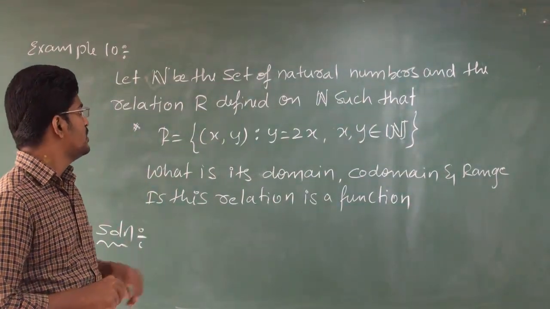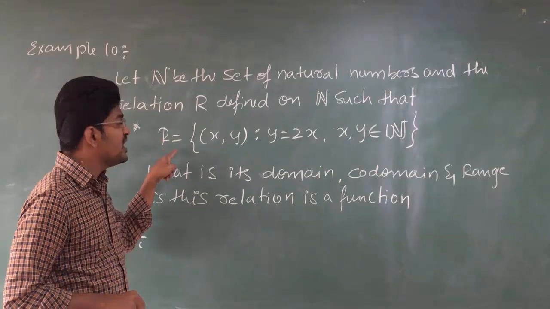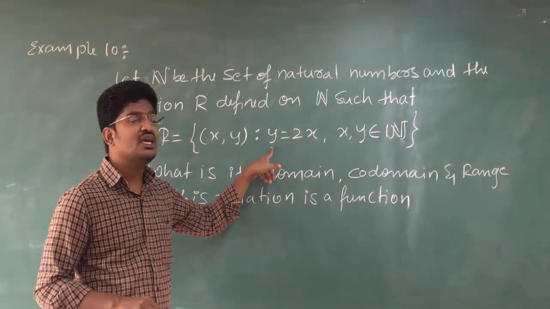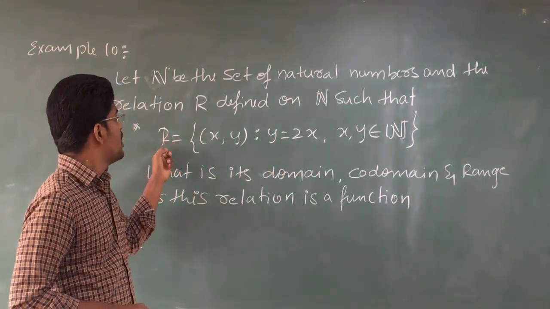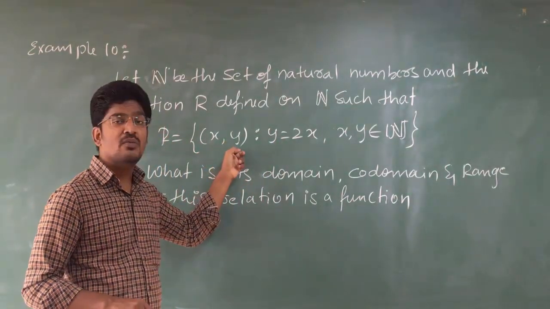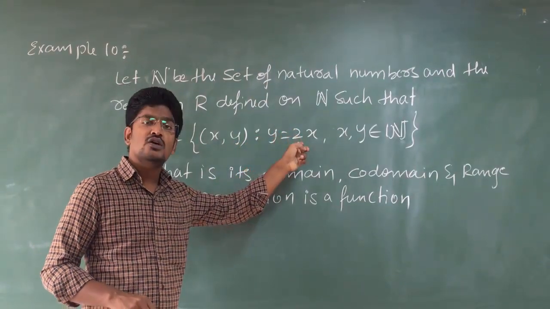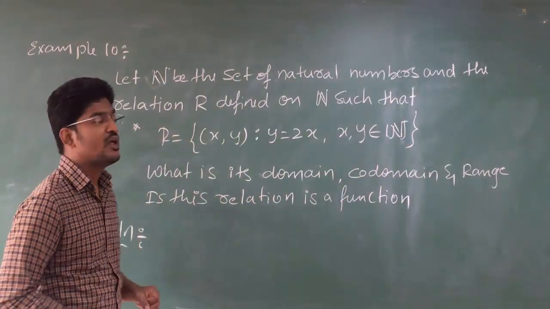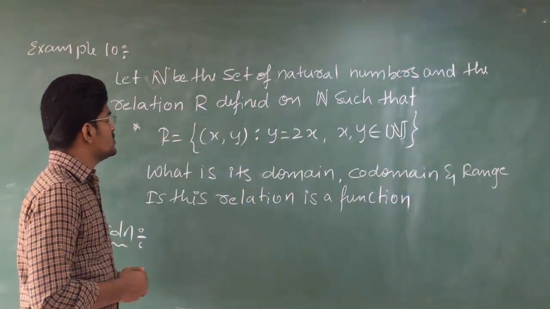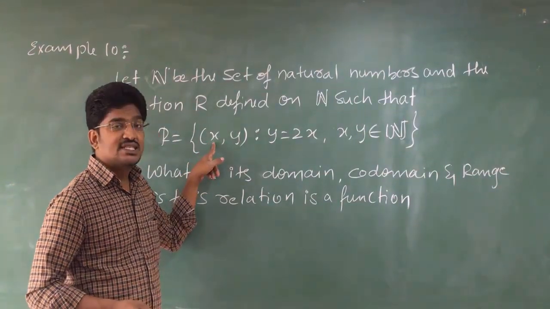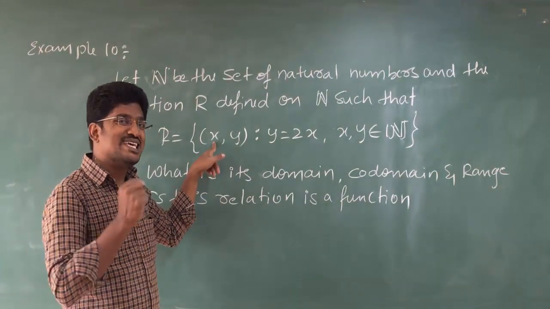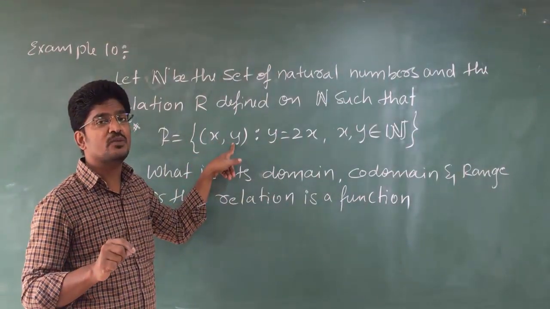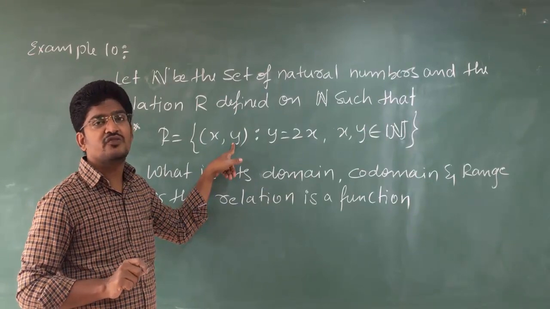Okay, because see this, R equal to set of ordered pairs (x, y) such that y equals 2x, x, y belongs to N. So that means x, the first element of the ordered pair, is going to be the domain. y, the second element of the ordered pair, is going to be the range of the relation.